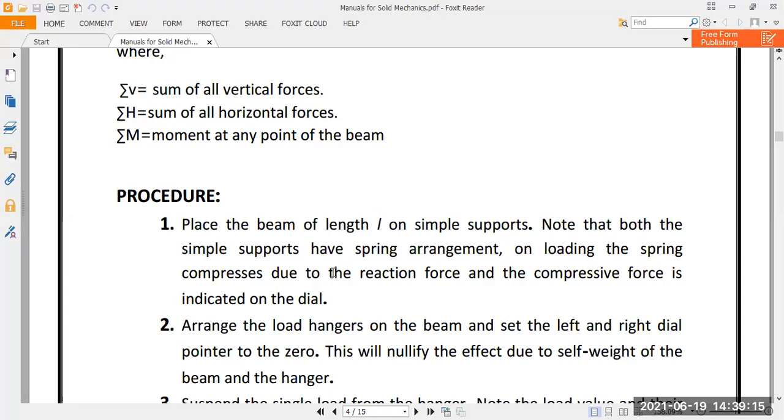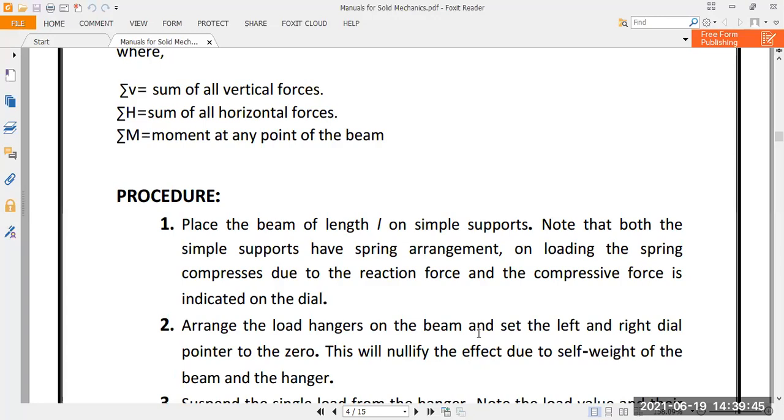Both sides, put a hanger over the particular position of the beam first before you put the load. Then see the load setting on your weighing machine, maybe horizontal, maybe hanging weight machine. On both of them, see the weight and move and rotate the dial to keep this weight at zero at both the ends.